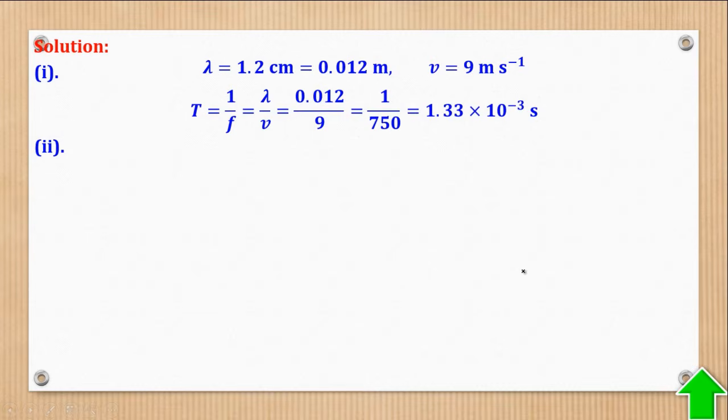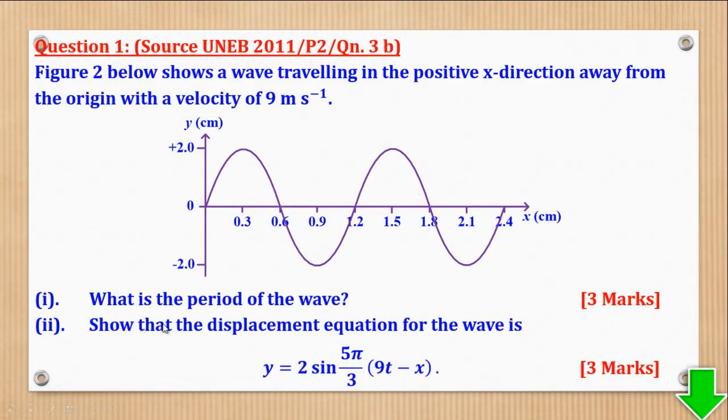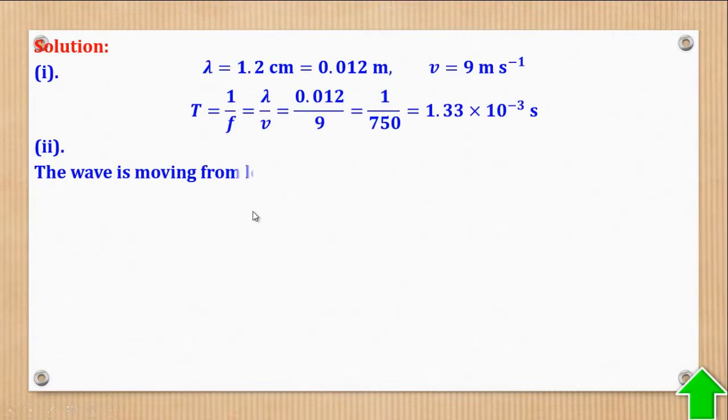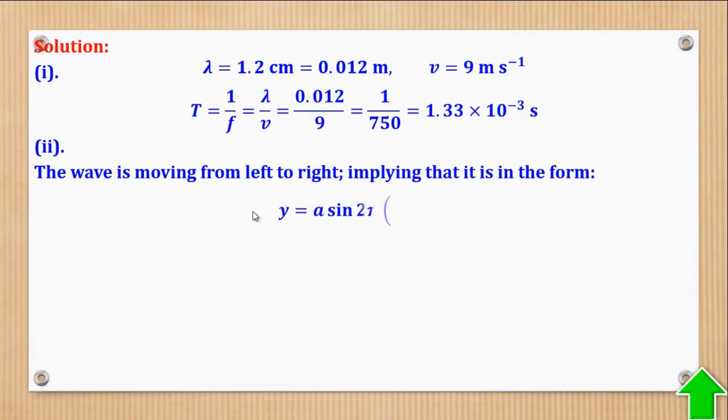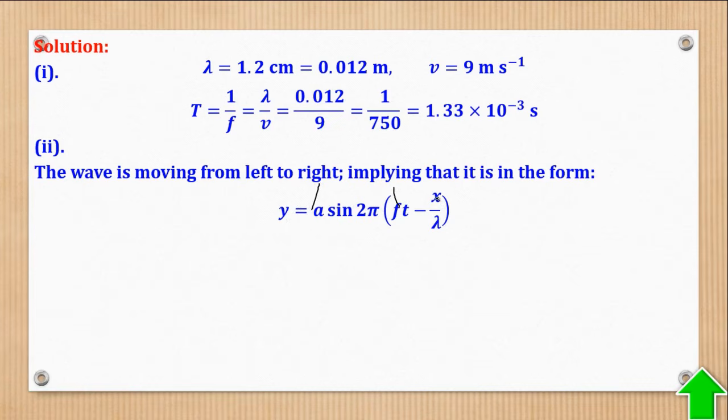Then Roman 2, they say show that the displacement equation of the wave is given by that. So remember the general form of a wave moving from left to right is in that form, where A is the amplitude, f is the frequency, x is the horizontal displacement, and lambda is the wavelength.